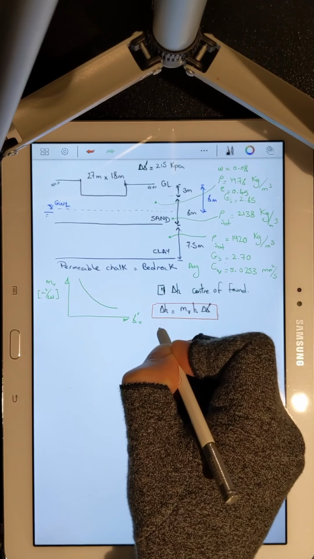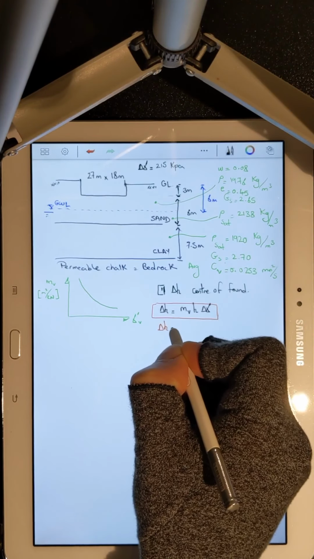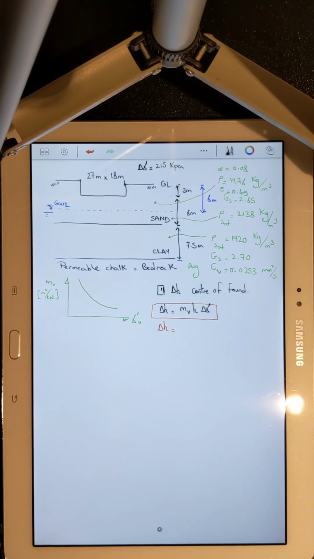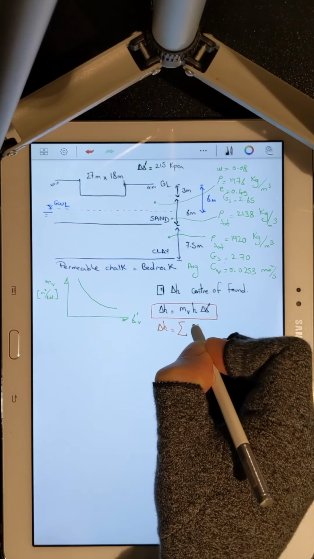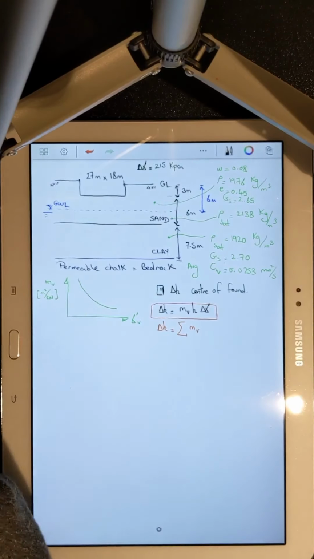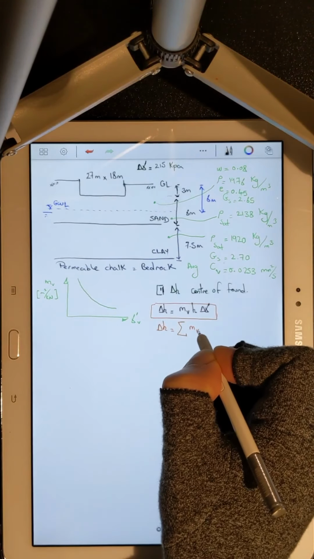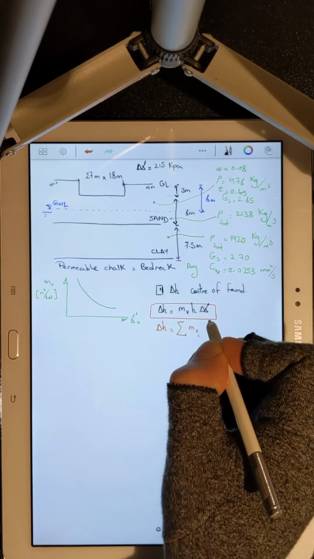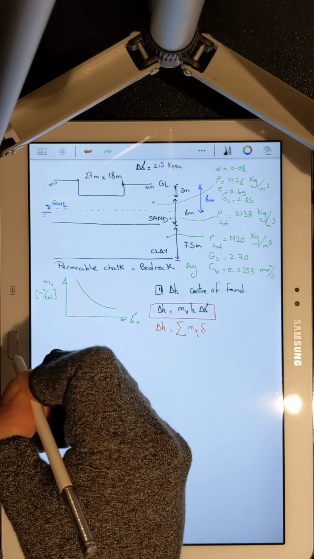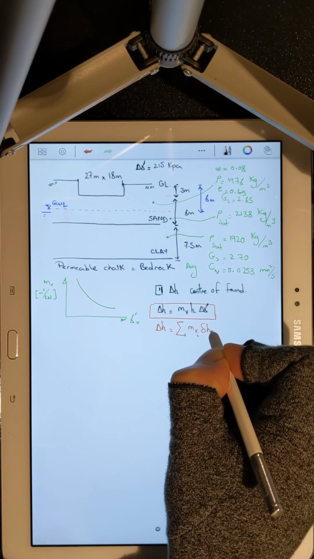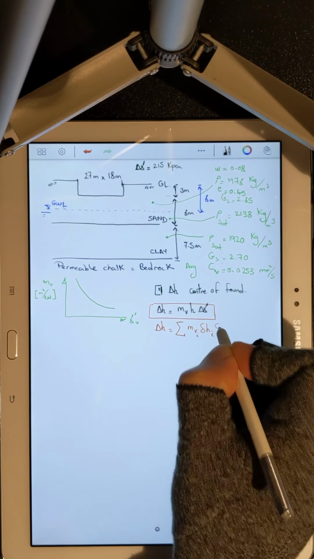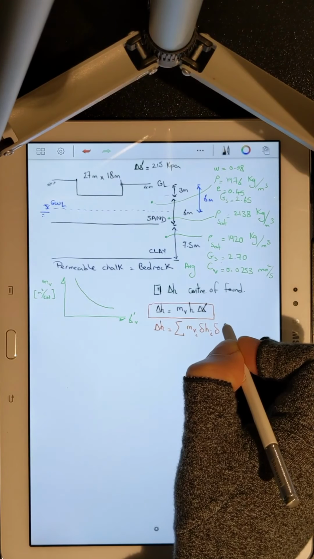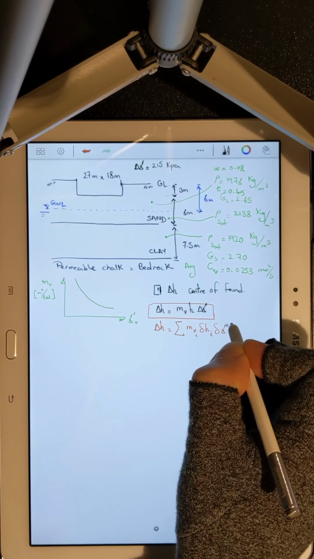So I can say that my total consolidation settlement will be equal to the sum of all m sub v's, which are multiplied by the thickness of each sublayer, which is multiplied by the change in the effective stress.